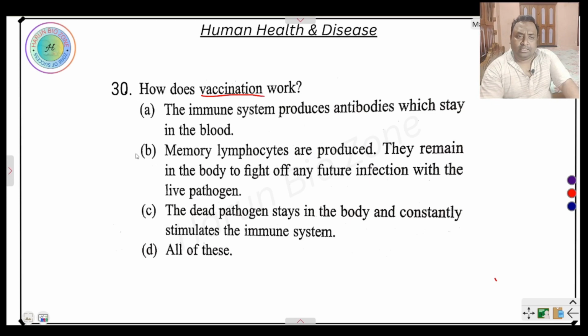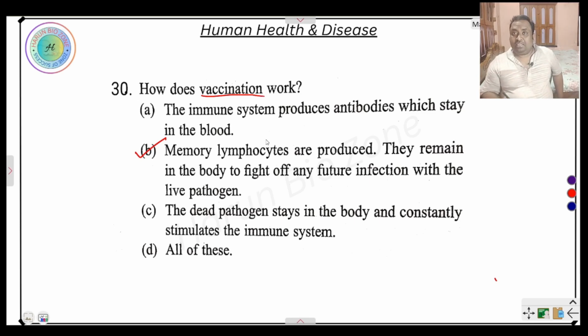Here the correct option is memory lymphocyte. It means when you introduce a weak or attenuated pathogen into the human body, it is identified as a pathogen or antigen, but this weak, attenuated or killed pathogen does not infect the human body. So our body produces antibody and memory cells against this pathogen.